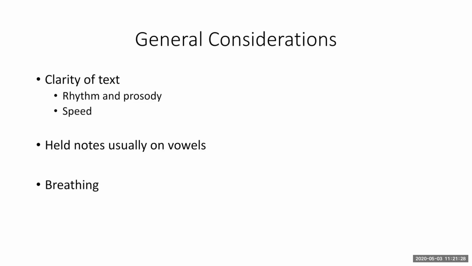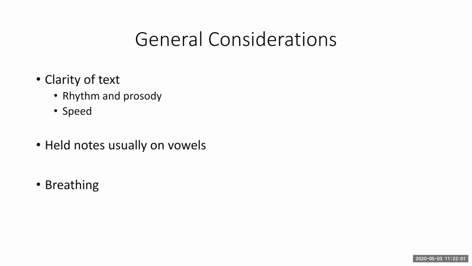The other thing that you'll want to think about is the breathing. A singer, like wind and brass players, needs to breathe periodically in order to produce their sound. Different people will need to breathe with different frequencies, and it may also depend on factors in the music, like the range or the dynamics or things like that.